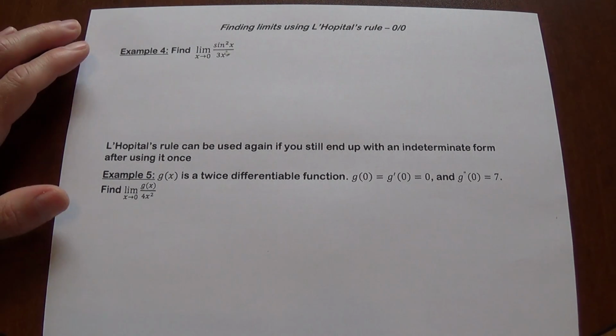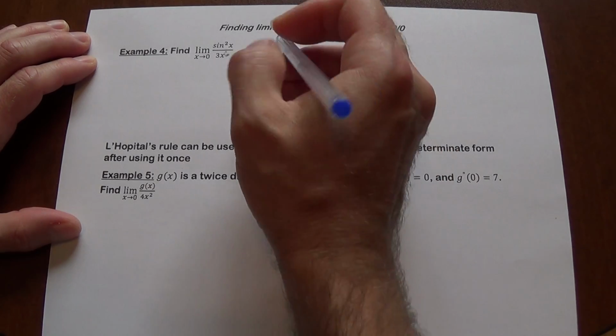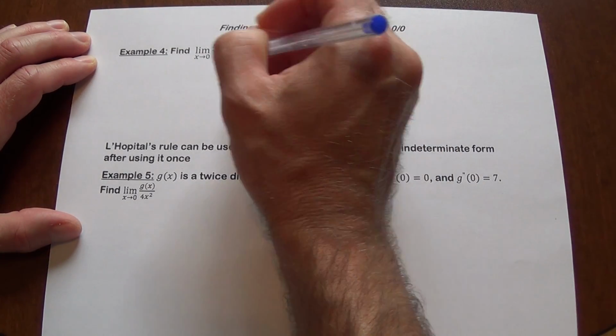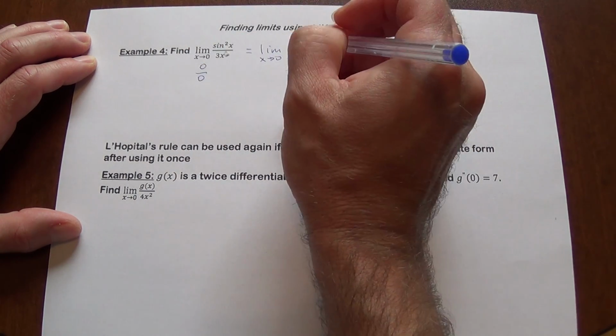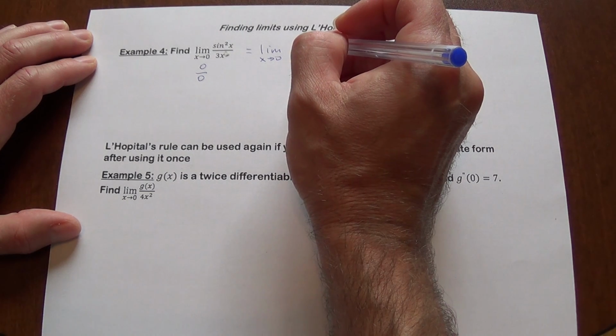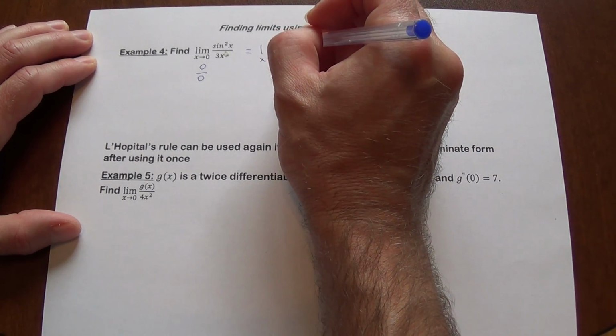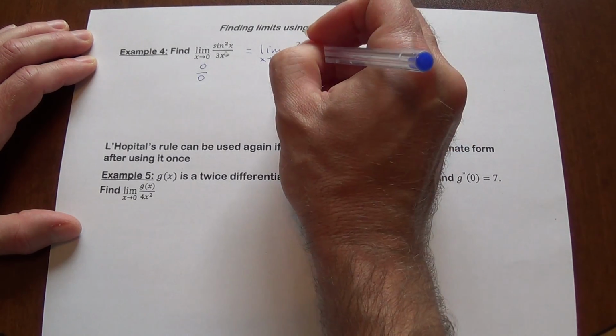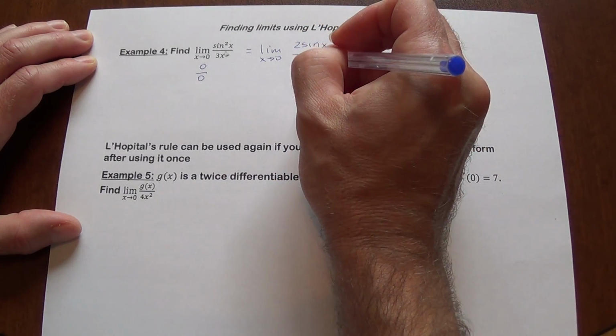So 3 sine squared x divided by 3x. So if we take the derivative here, it is 0 divided by 0, first of all, as it stands right now. Take the derivative of sine squared x, you're going to have to use the chain rule there. This is going to be 2 sine x times cosine x divided by 3.